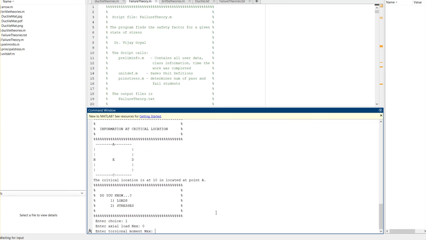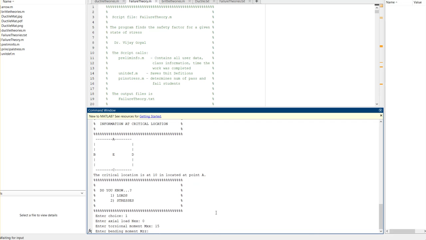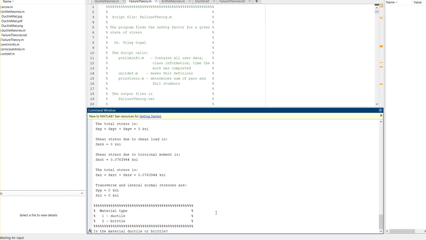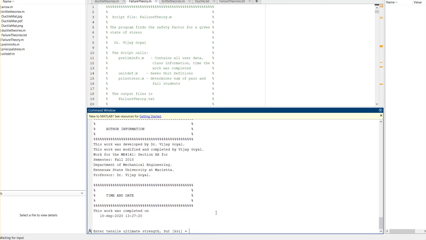So your moment was 15F. So we can just write 15. Your bending moment was minus 14F. We can write minus 14. This was minus 1F. So we can write 1. And now we're going to say number 2 because brittle material is going to ask for ultimate.